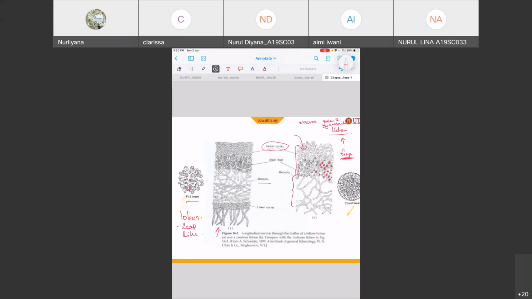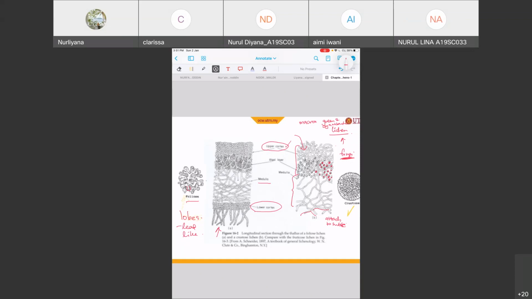Another thing that you need to look at in the differences is the lower cortex. For crustose, this hyphae is the one that will attach to the substratum, so it has no lower cortex, only the upper cortex exists.